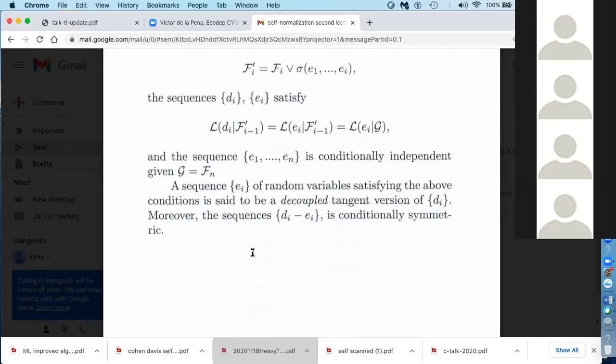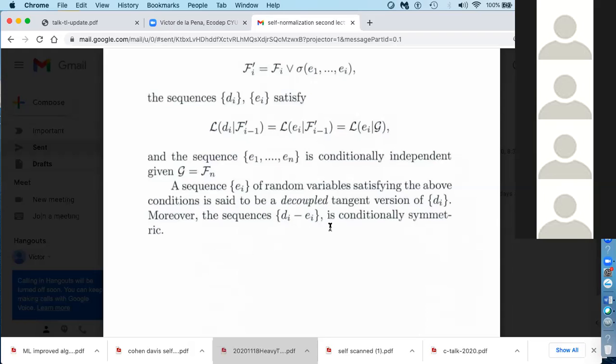So a sequence E sub i of random variables satisfying the above conditions is said to be a decoupled tangent version of D sub i. And moreover, if I take the difference between D sub i and E sub i, what I obtain is a sequence of conditionally symmetric variables given F sub i prime. So for any adapted sequence of variables, I am able to construct a sequence such that when I take D sub i minus E sub i, this new sequence is conditionally symmetric.